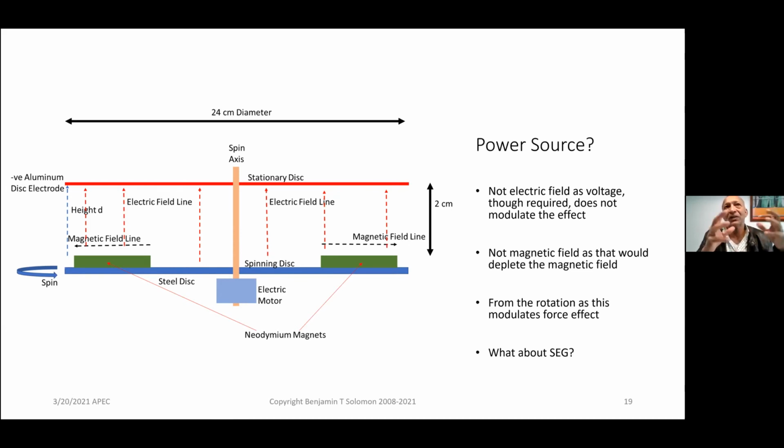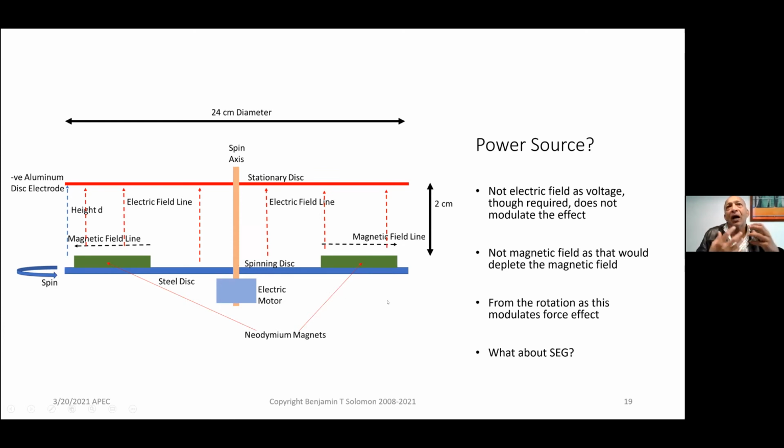It's fixed. It's from a regular magnet, not from an electromagnet. And if it was, the magnetic field should deplete. We don't know, but I believe the magnetic field does not deplete. And so it's not from the magnetic field. The only conclusion was that the power was coming from the rotation of this disk.